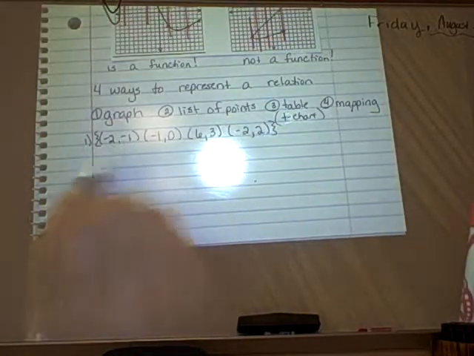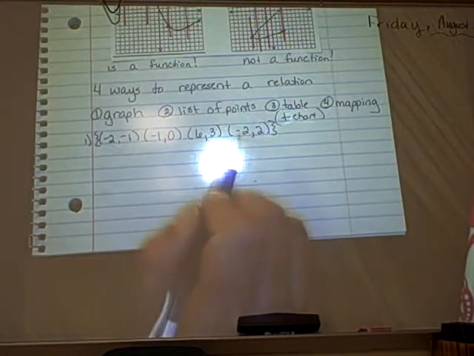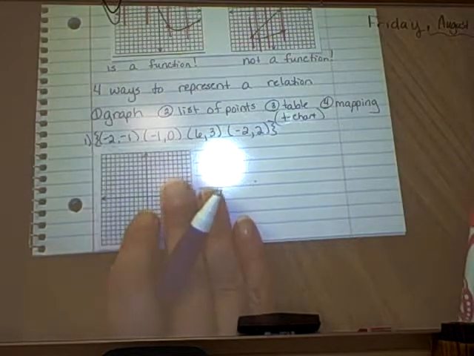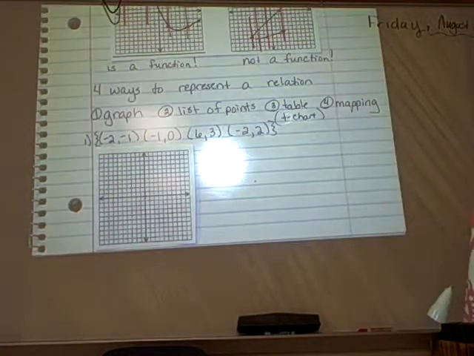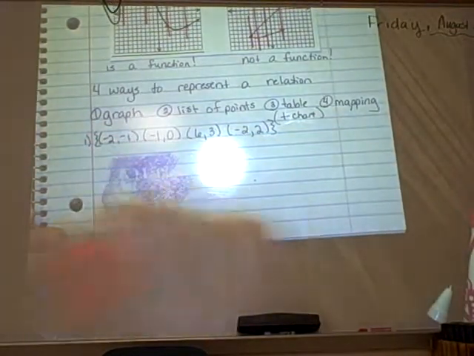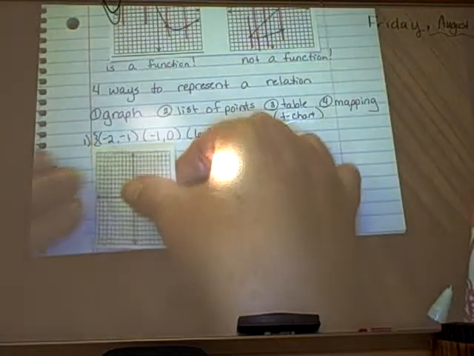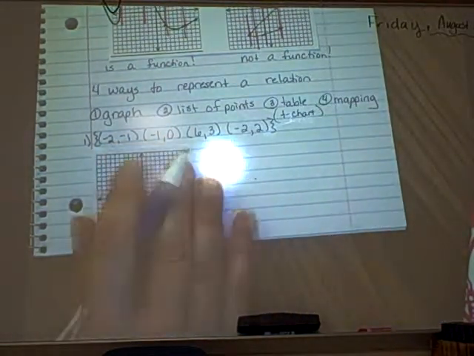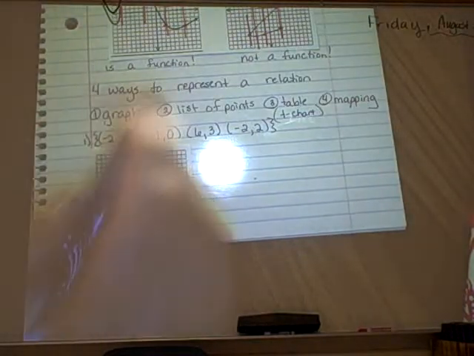Okay, so this isn't the graph. This is the list of points. We're going to take one of your little graphs and glue it down here so that we can graph them. So I've got my list. I'm going to do my graph.